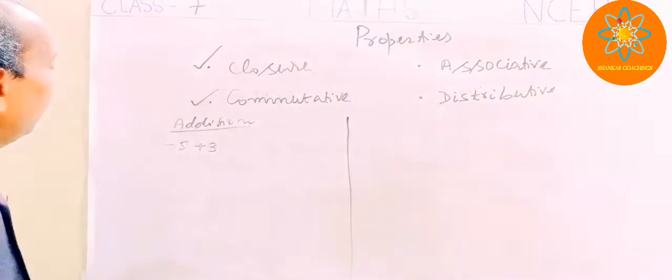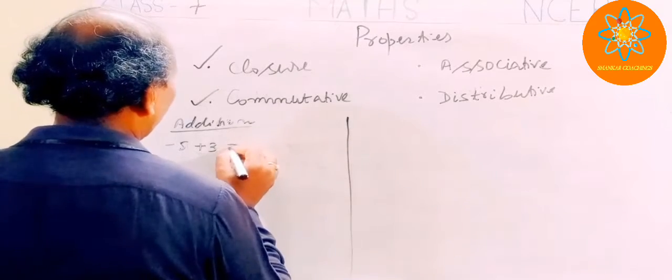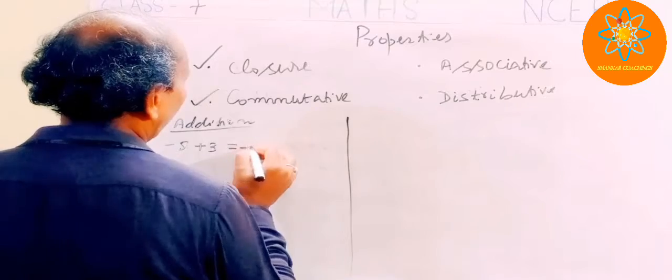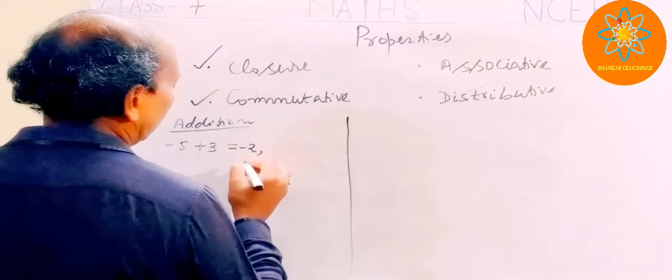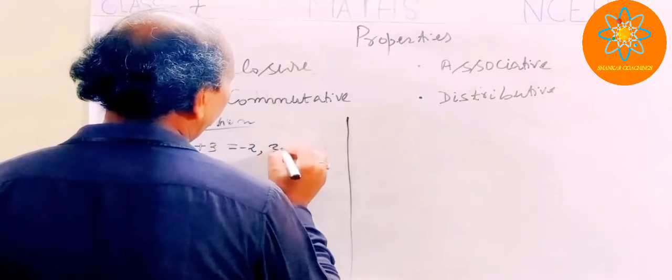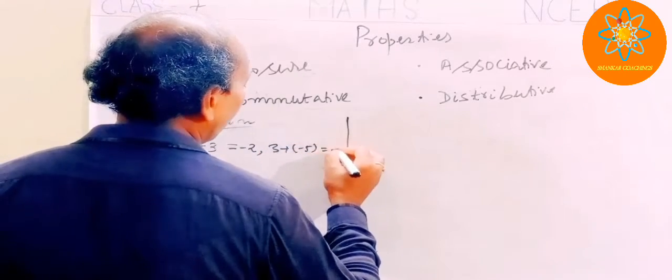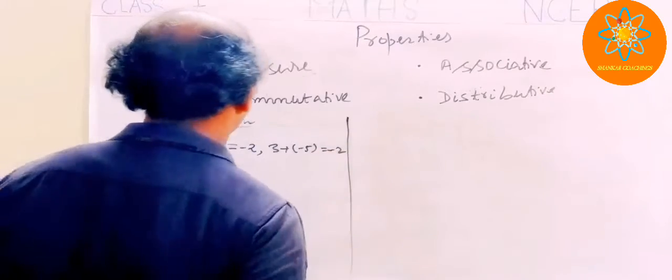So what will its value be? This will be equal to -2. And if I reverse the order, that is 3 plus -5, then it is also equal to -2.